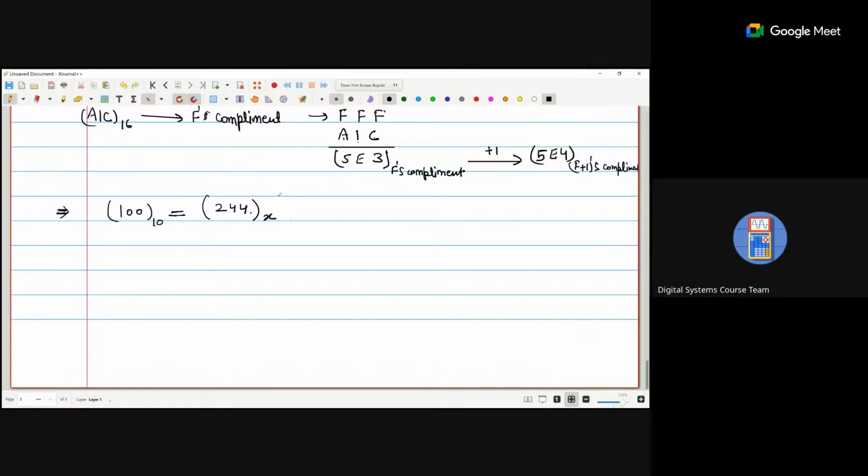If a base is given, for example 101011 base 2, how do we convert this number into decimal? Multiply with the weighted base and then add.